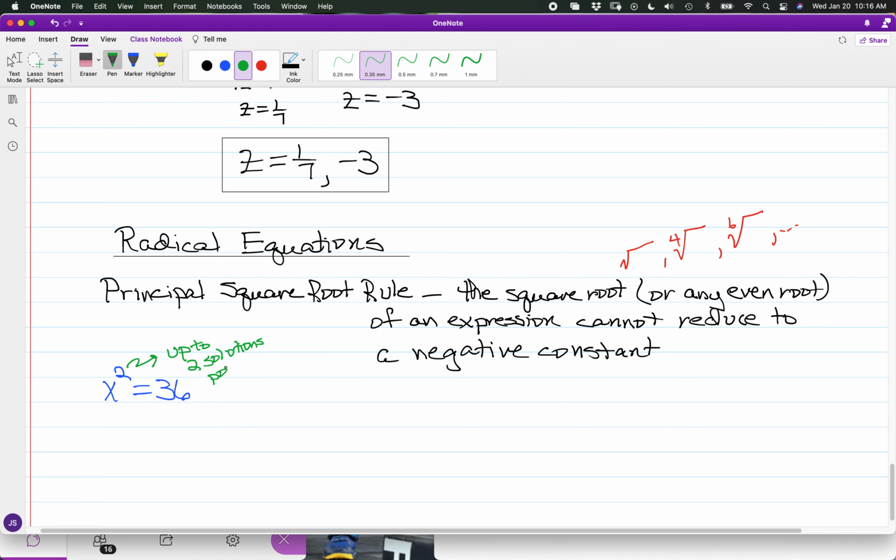So we have possibly up to 2 solutions. And with the square root property of equality, when we went from x squared to x, we had plus or minus the square root of 36. And again, x was plus or minus 6.